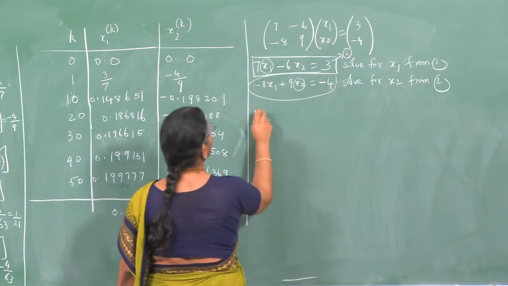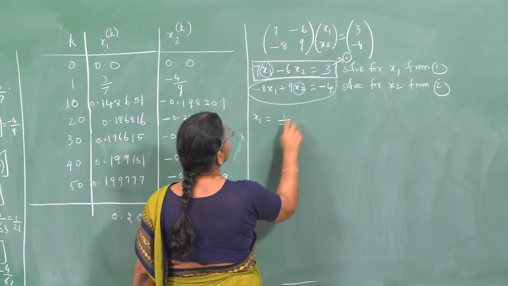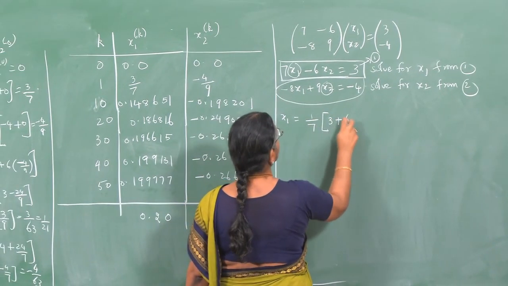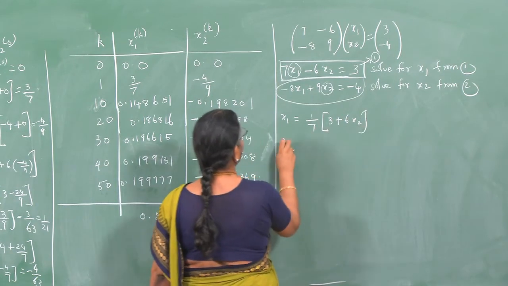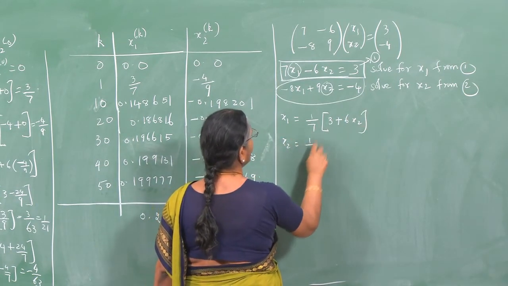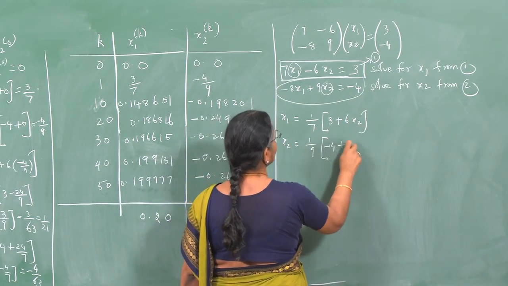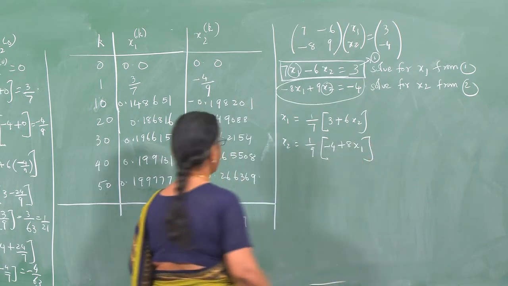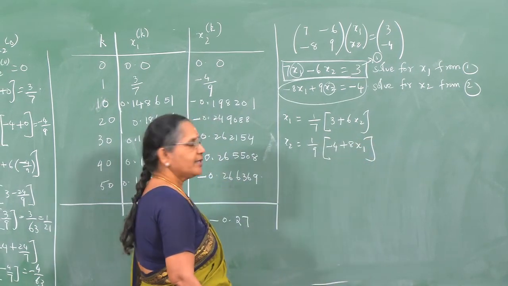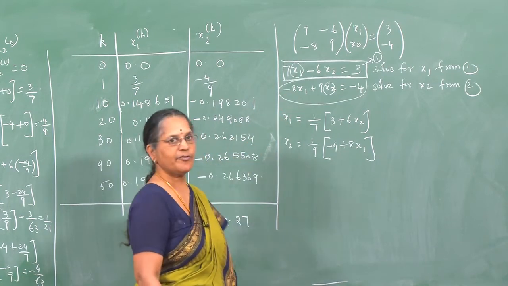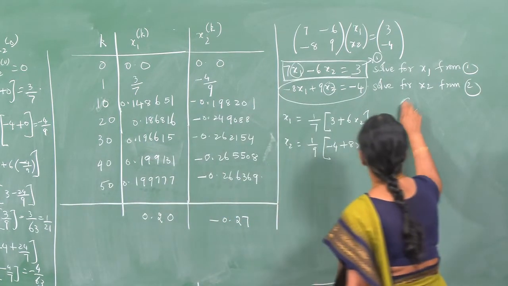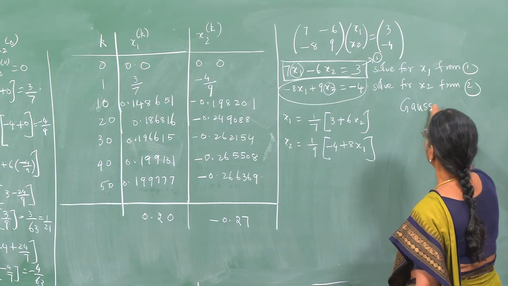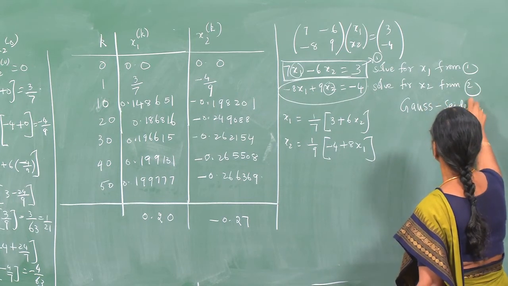So, what do we get? x1 is going to be 1 by 7 into 3 plus 6 x2 and x2 is 1 by 9 into minus 4 plus 8 x1. Now, this is an iterative procedure that I would like to describe, namely it is Gauss-Seidel method.